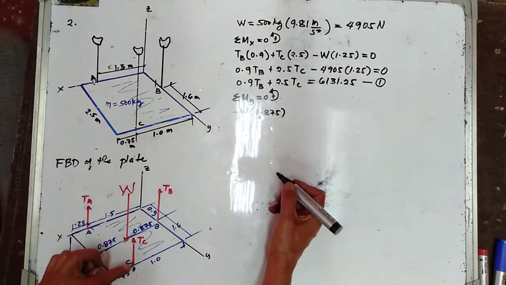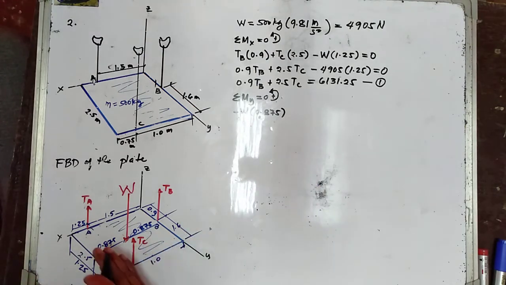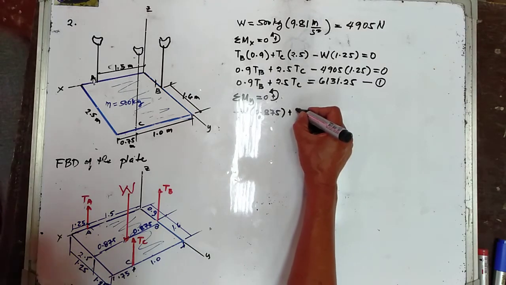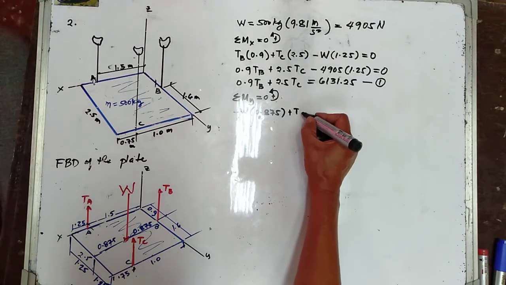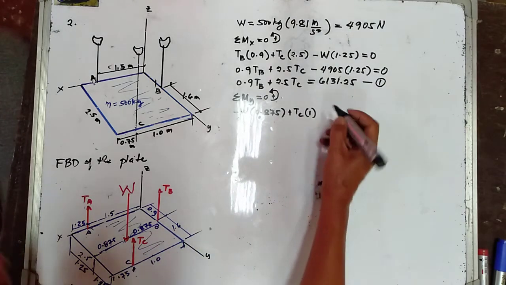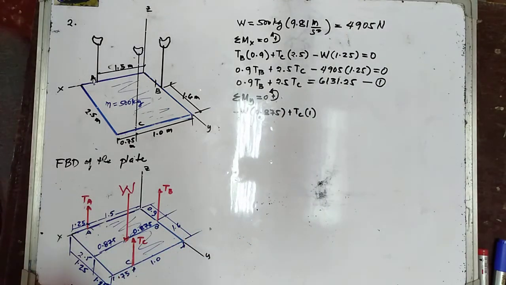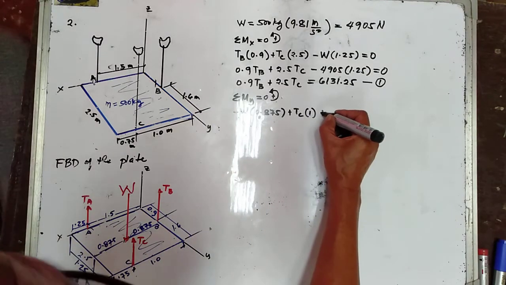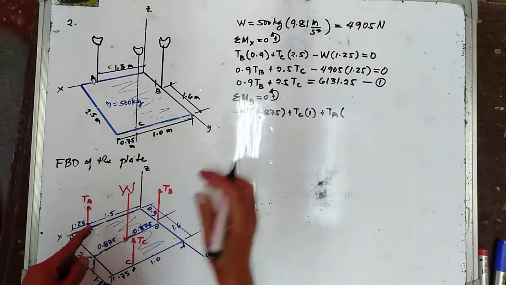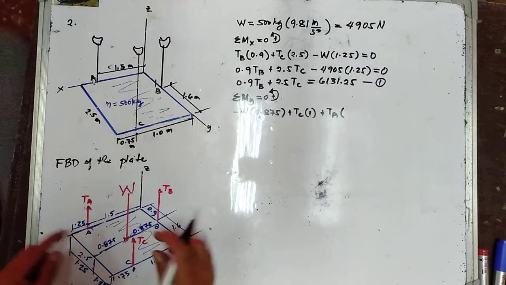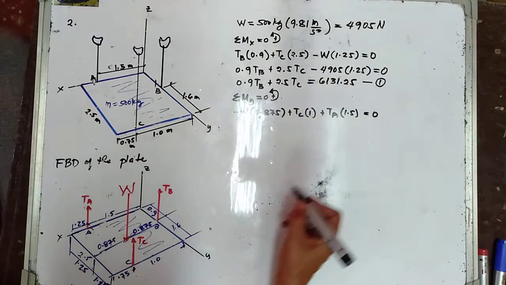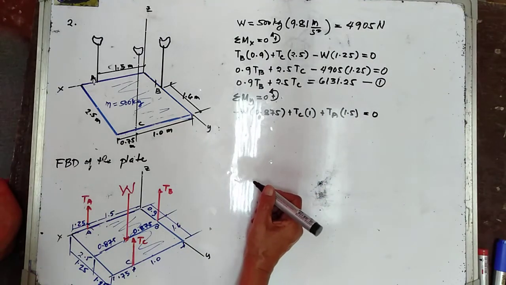Okay, so we have TC, so plus TC, counterclockwise moment, multiplied by 1. And then plus T sub A multiplied by 1.5. And that one is equal to 0.